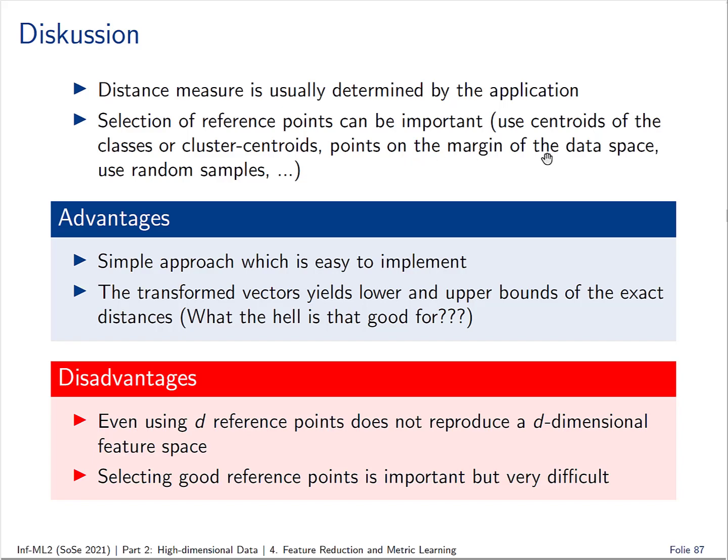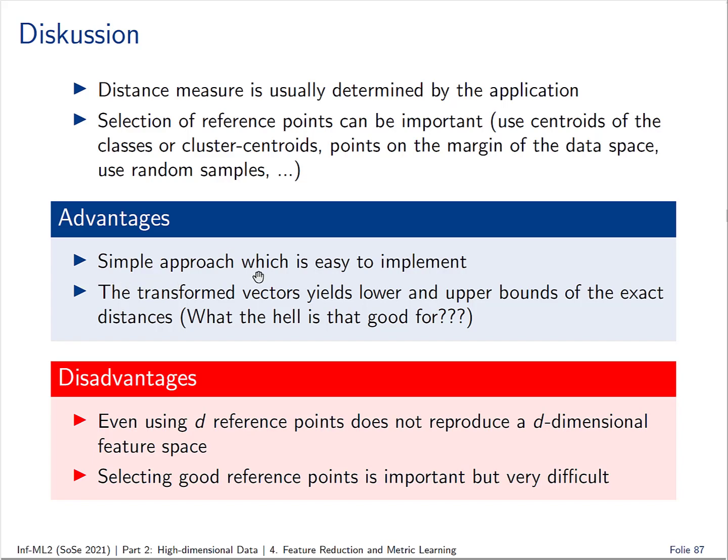Points on the margin of the data space can also sometimes be interesting, but think about these marginal effects of the curse of dimensionality, so be a little careful about that. Very often people just use random samples. The choice can be quite tricky sometimes.